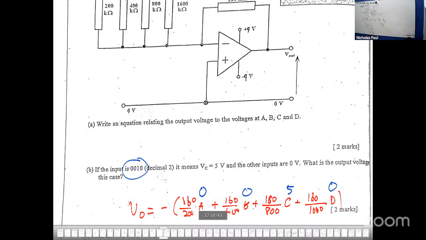Because remember, 1 represents 5, right? Multiply it out. Okay, 1. So therefore, your V out is 1 volt. And you do the same thing for the others underneath here.